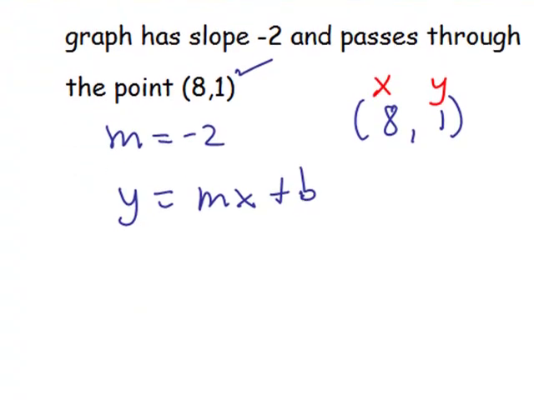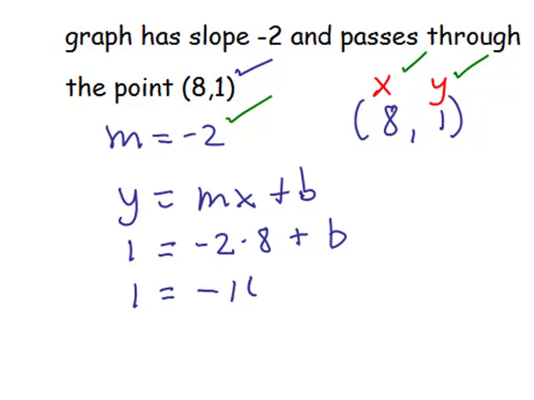In this case, we know about the -2 as the m value, and we have an x value that's 8 and a y value that's 1. We can put those into the equation, and we get 1 equals -2, that's m, times 8 plus unknown value b. And this is the only unknown value, so we can solve for that.